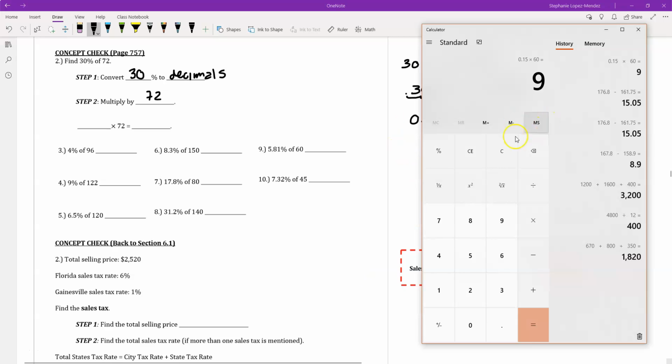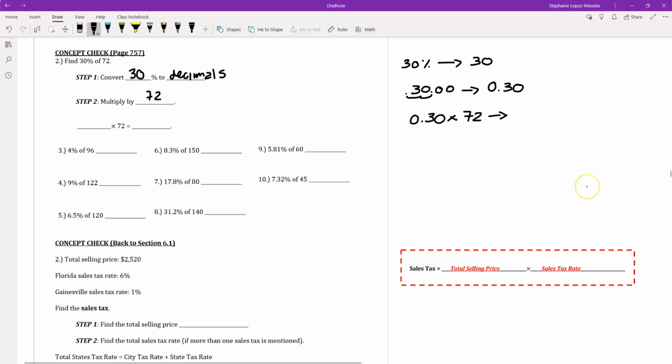We go to our calculator and we write 0.30 times 72, and we have now 21.6. Now my answer is 21.6.